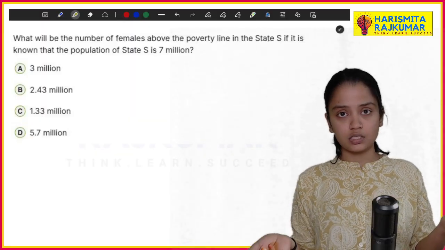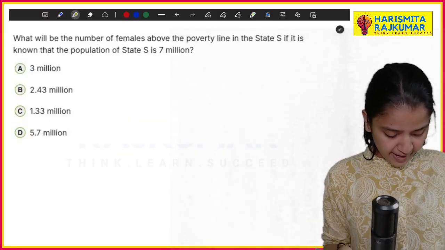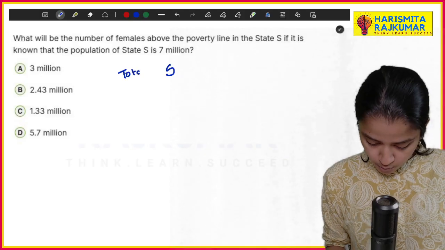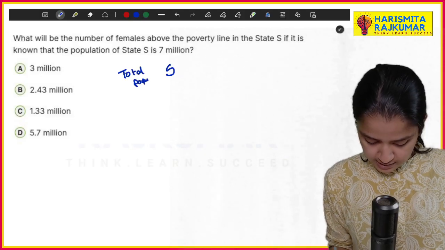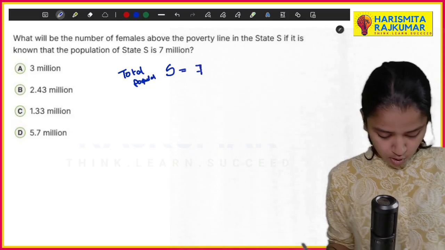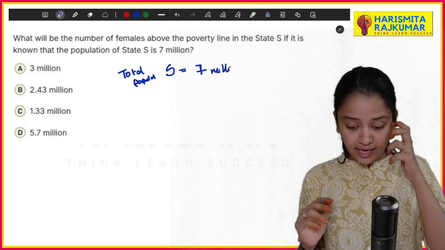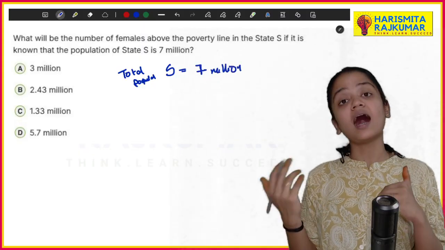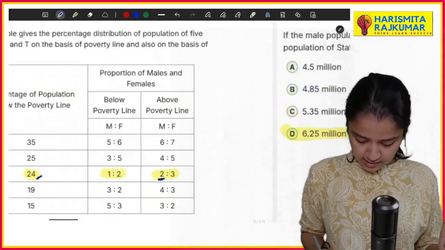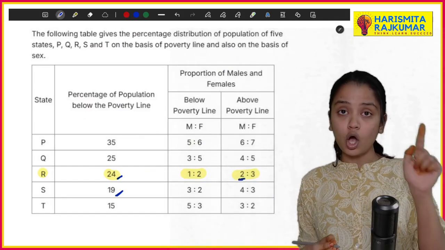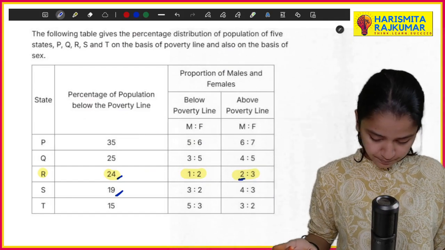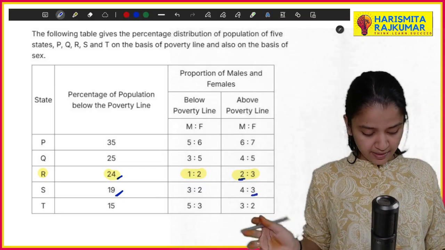Here the population is given, and they are asking for females above the poverty line. For S, the poverty line percentage is 19, so 100 minus 19 is above the poverty line. Above, the female share is 3 by 7 that you have to put.